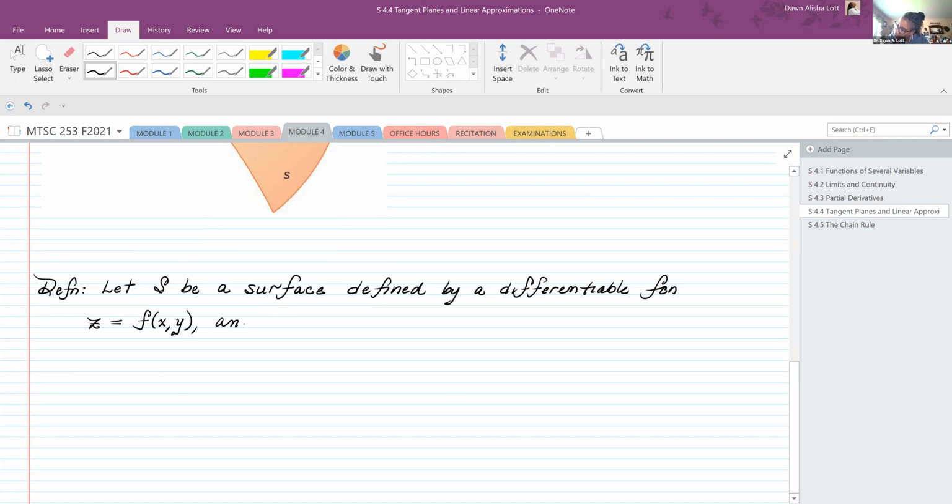And let P naught, which is going to be x naught, y naught, be a point in the domain of f.